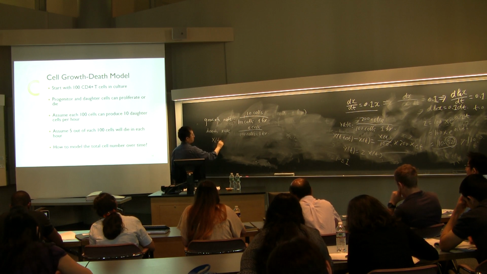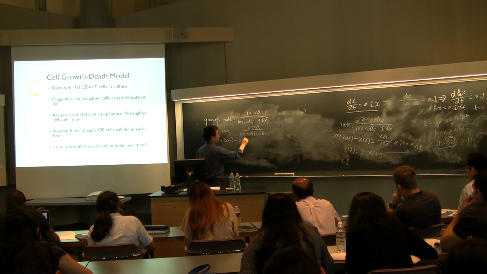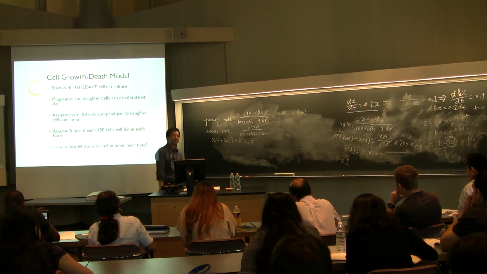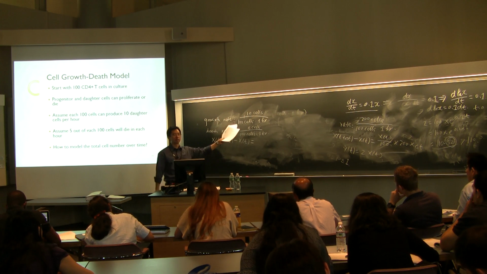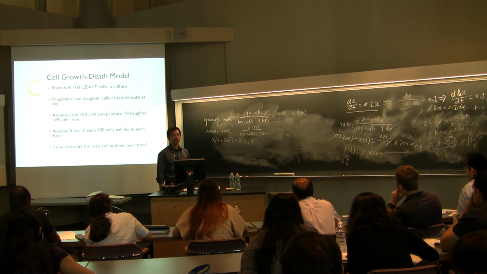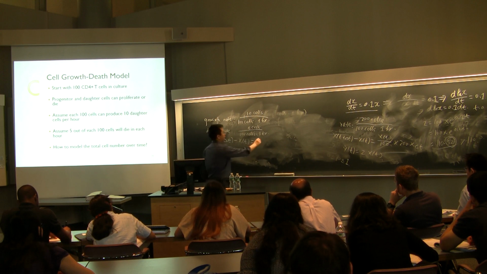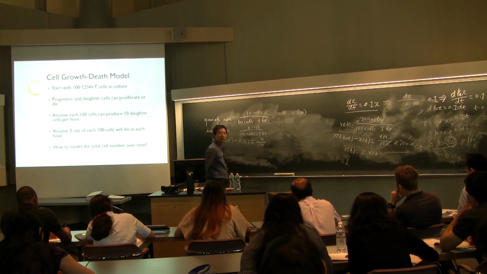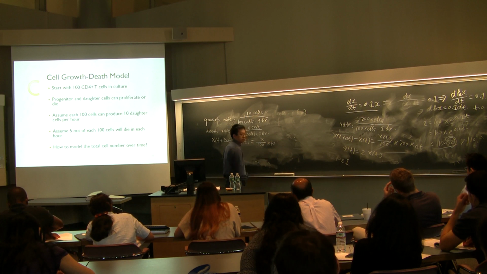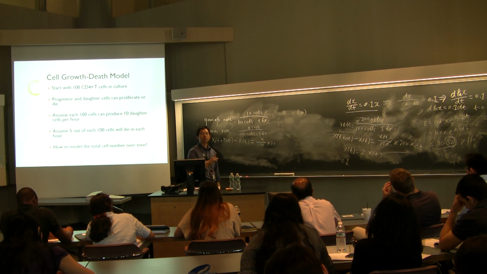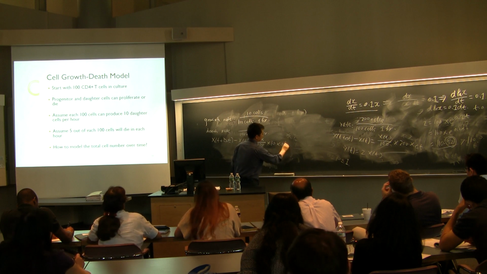X(t plus delta t) minus X(t) is equal to what? Now we have growth and death, so let's first consider the growth. Growth is exactly the same as before. We calculate how many 100 cells we have at time t, and these cells will produce 10 cells per 100 cells per unit time. Then we multiply the time interval.